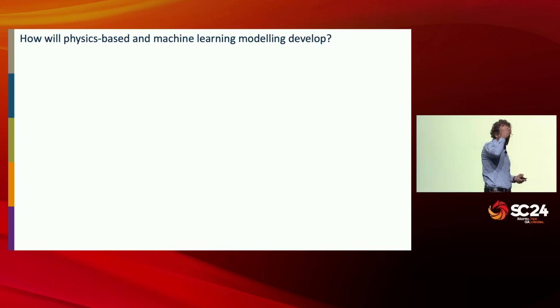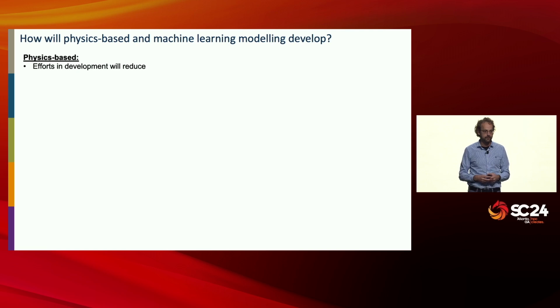So how will the physics-based and the machine-learned models develop in the future? It's a difficult slide, so don't remind me in 10 years from now of what I've written down here. But I think it's clear that at the moment, efforts for machine learned models are really increasing, and this means that the efforts for the conventional physics-based models will probably go down to some extent.